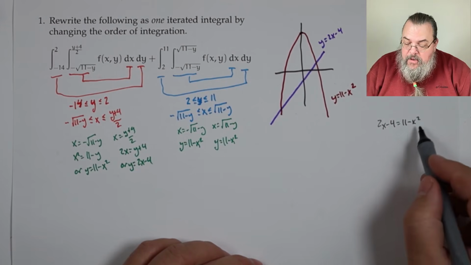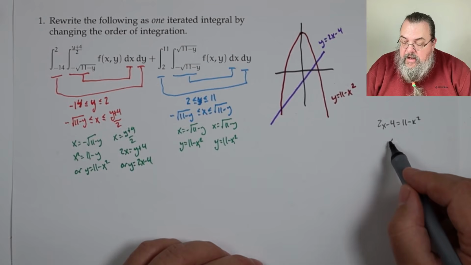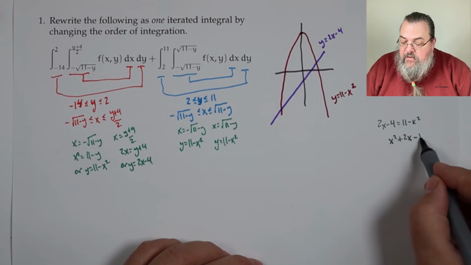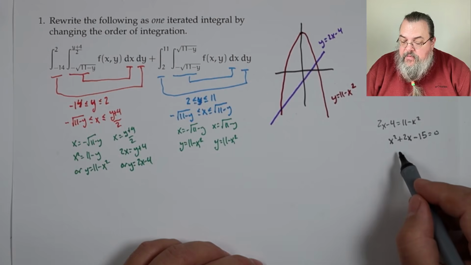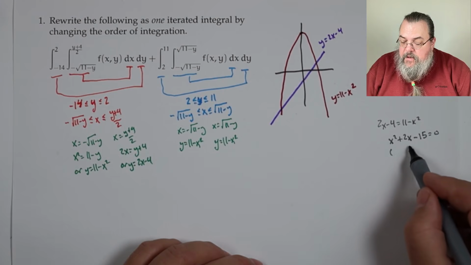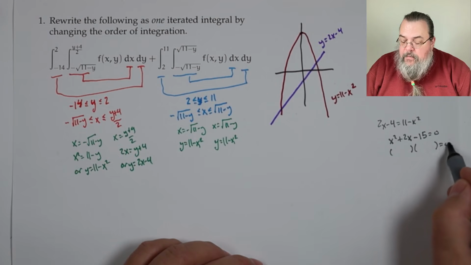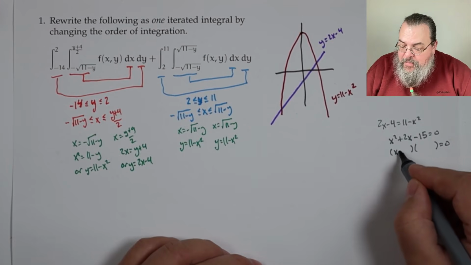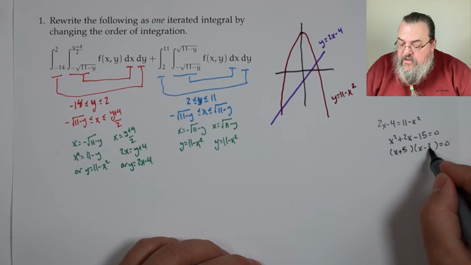And if we do that, we can move terms across. x squared plus 2x minus 15 equals 0, which becomes, if we factor, and it'll probably factor nicely because we have nice people who write these problems, x plus 5 times x minus 3.